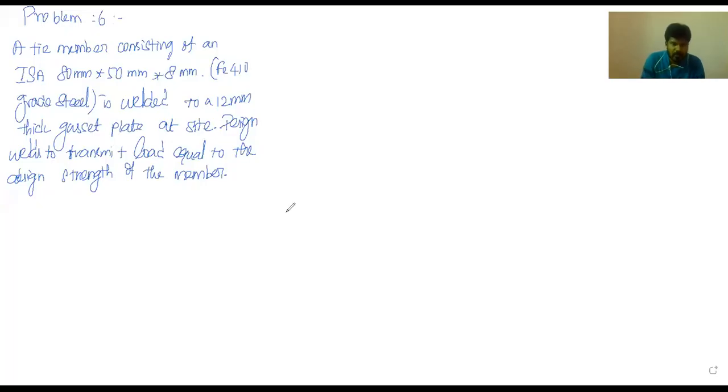In this problem, they didn't mention the load, so how much load is acting, we don't know. So first we have to calculate how much tensile force is going to act on this particular member. After calculating the member load, we have to go for design of welded connections, which is nothing but finding the length of the weld. So these are the two processes we are going to do now.